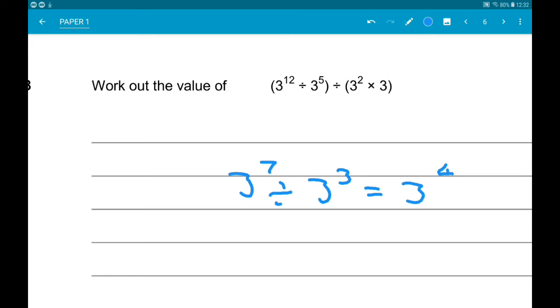Now when it says work out the value, we want the actual number, not the answer in power 4. So 3 to the power 4 means 3 times 3 times 3 times 3, which you can think of as 9 times 9, which is 81.